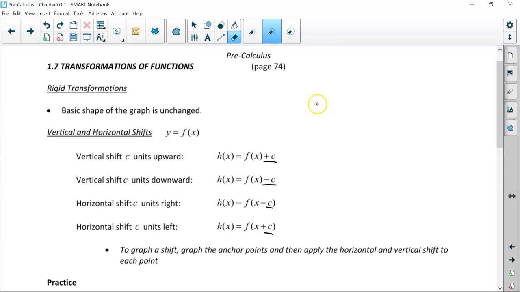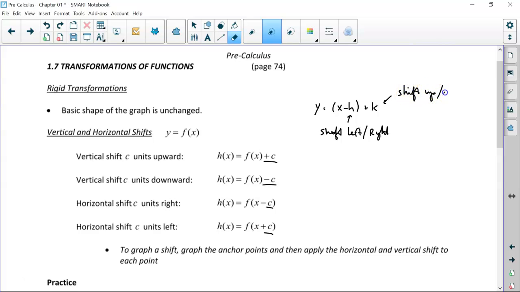We're used to seeing it like this, that y equals the quantity of x minus h plus k. h is our shift left and right. And then k, the number outside, is our shift up and down. And that kind of relates to what we had seen in Algebra 2.